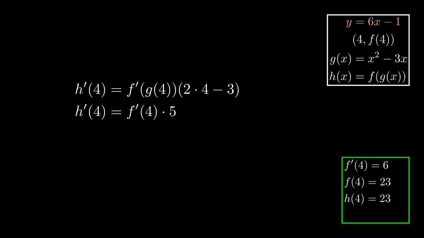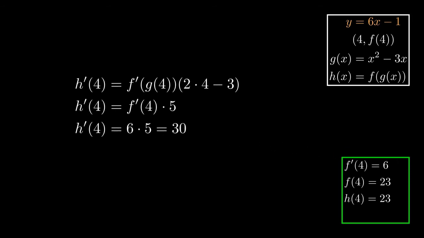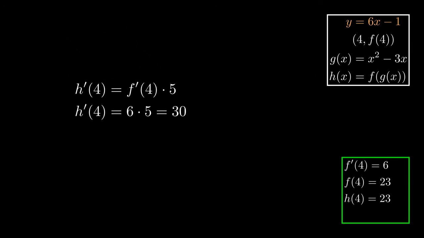We don't know the function f, really. But luckily we know this, so we just put in 6, and there we go. There's the value of the derivative, which is the same as the gradient of the tangent.